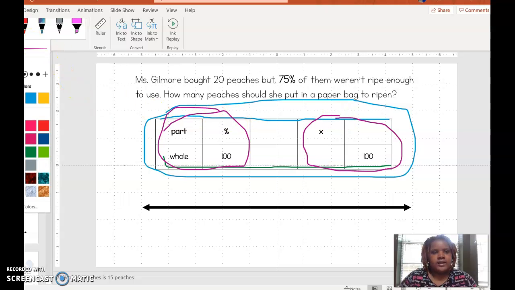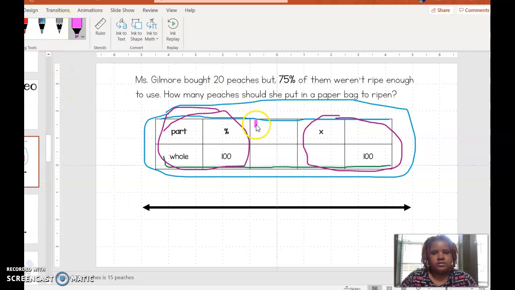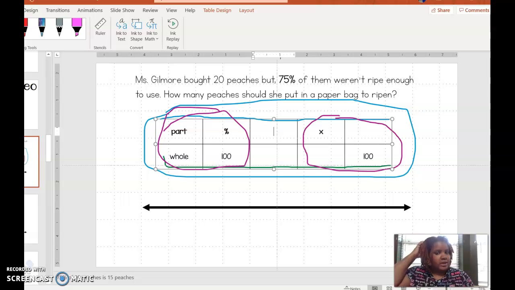I'm going to tell you how to fill in this middle section right here because it's blank and we're wondering what we are going to put there. I'm going to type in the part. The part is what we're trying to figure out, which is how many peaches she should put in a paper bag.